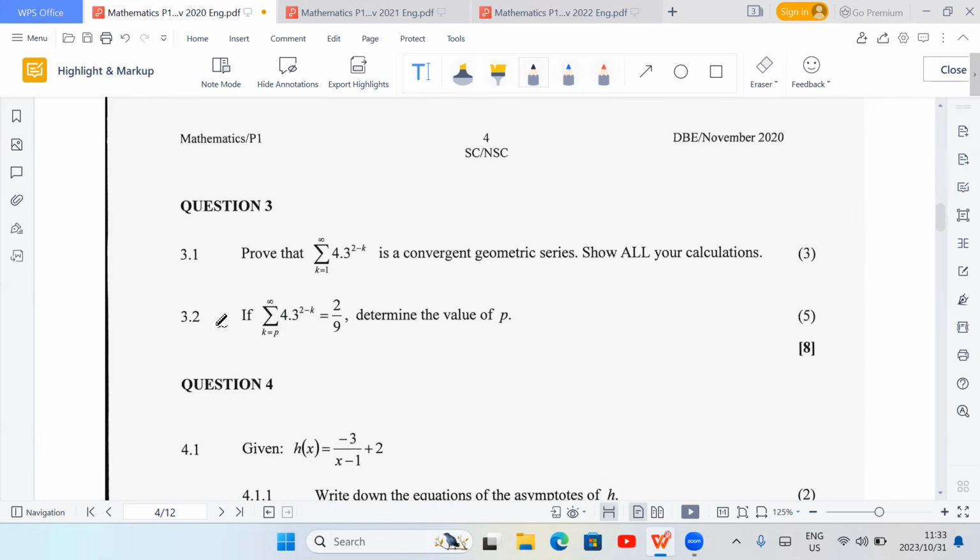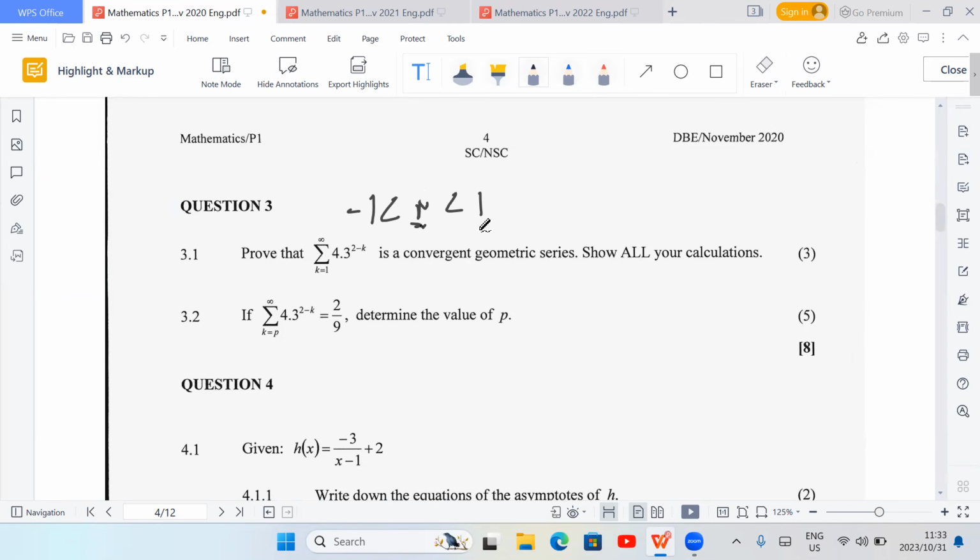Then question 3, we know that is based on your geometric sequence. So with geometric sequence, it's not really much of a problem. You just have to know the questions that they will ask you. There might be a question that will ask you about converging a geometric series, whereby you have to find your constant ratio, and then after finding your constant ratio, you substitute it in here to find the x values or whatever k value that they're looking for there.